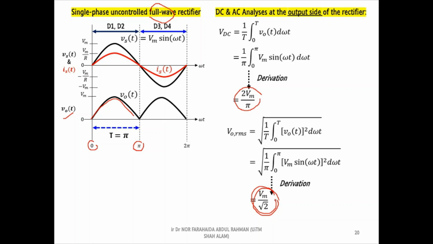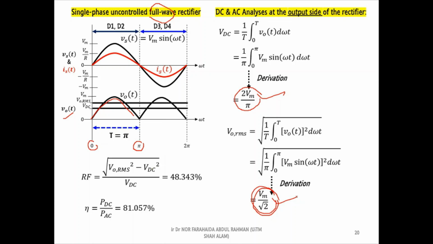Next, based on these equations, we can sketch their waveforms as follows. Finally, the ripple factor and the efficiency of the full-wave rectifier are 48% and 81% respectively.